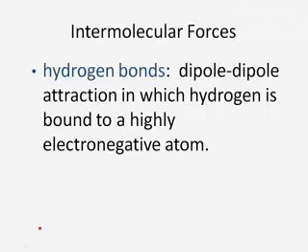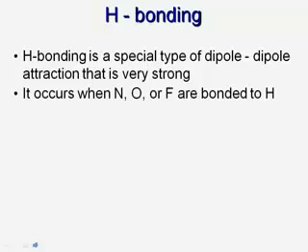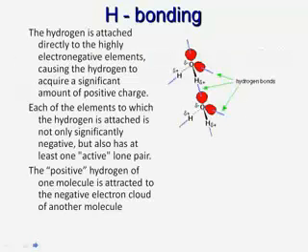Okay, hydrogen bonds. Hydrogen bonds are a type of dipole attraction, where you have hydrogen that is bonded to an atom that has a high electronegativity, and we want to think here along the lines of fluorine, oxygen, and nitrogen. The reason that this forms such a strong dipole is two reasons, basically.